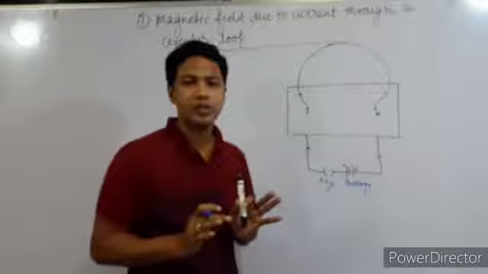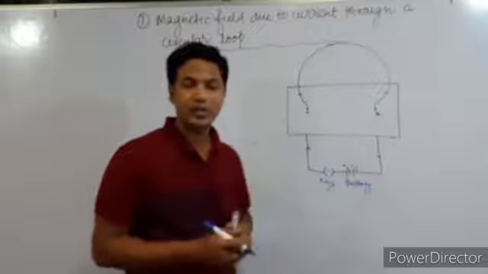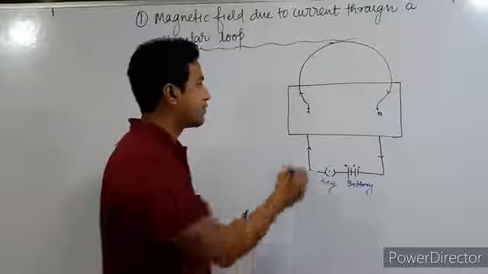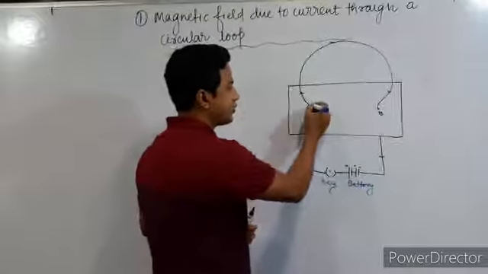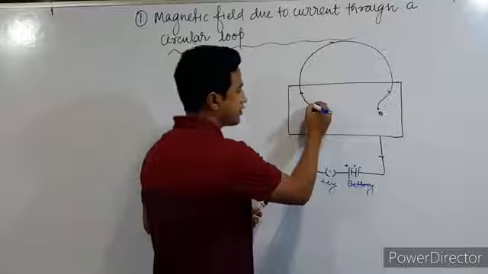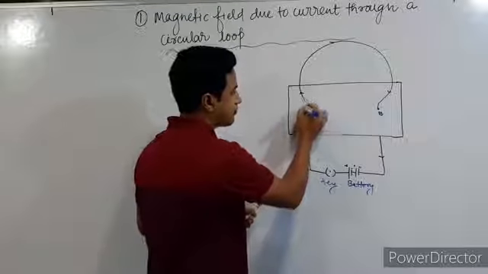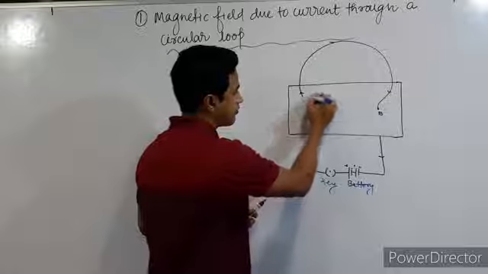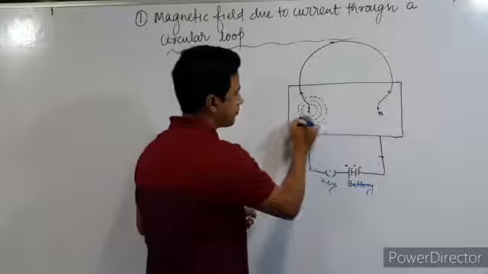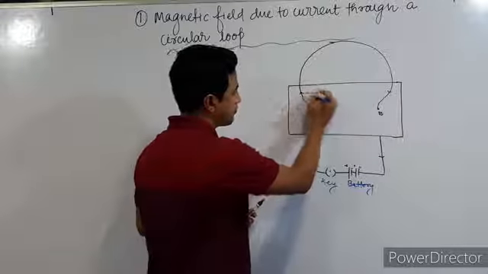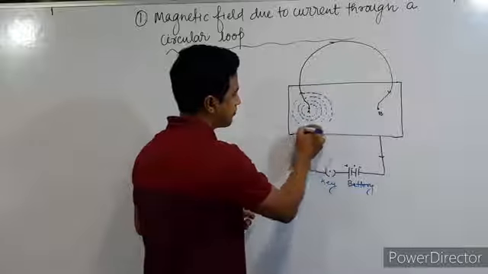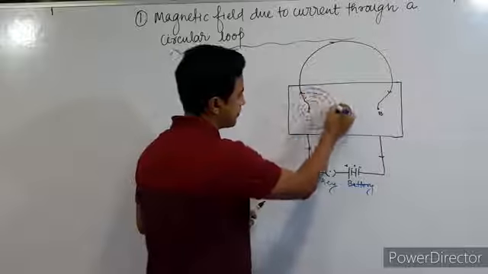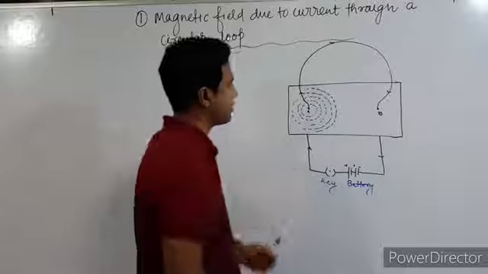According to Maxwell's right hand thumb rule, if the current is going in the upward direction, it will create circles around it.